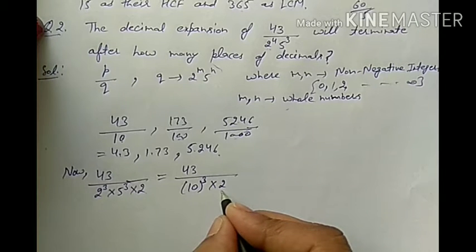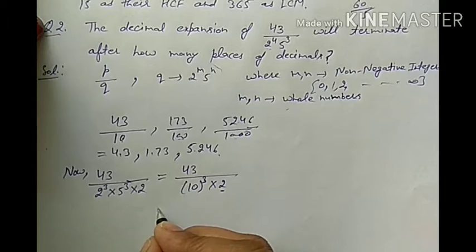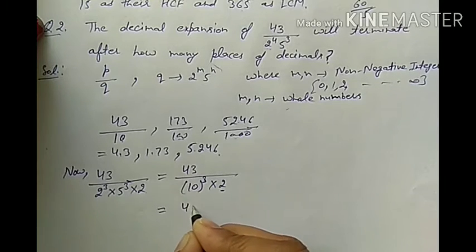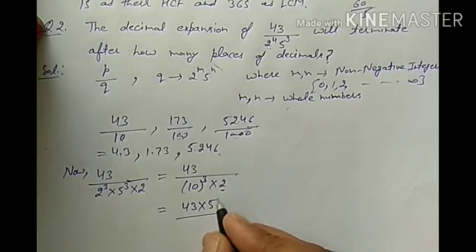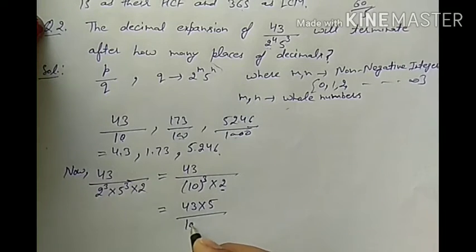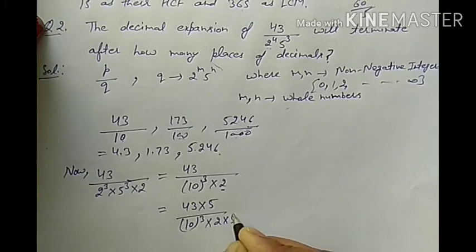But the extra 2 is in the denominator, so we multiply numerator and denominator by 5.